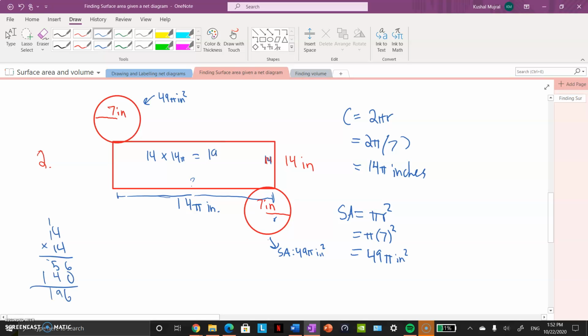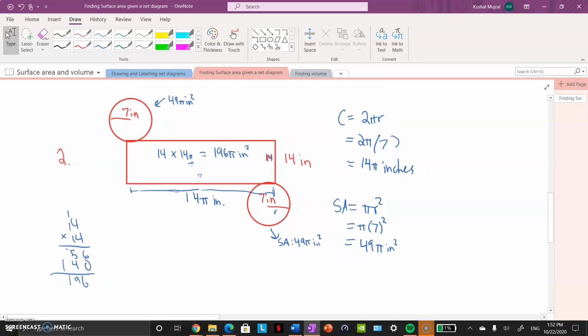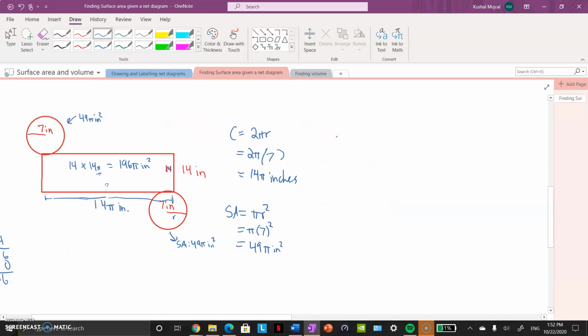So this equals 196 pi inches squared, because there's a pi. And so the final surface area will be adding up all of these together, which is 49 pi plus 196 pi plus 49 pi. Because these are like terms, we can just add them up.